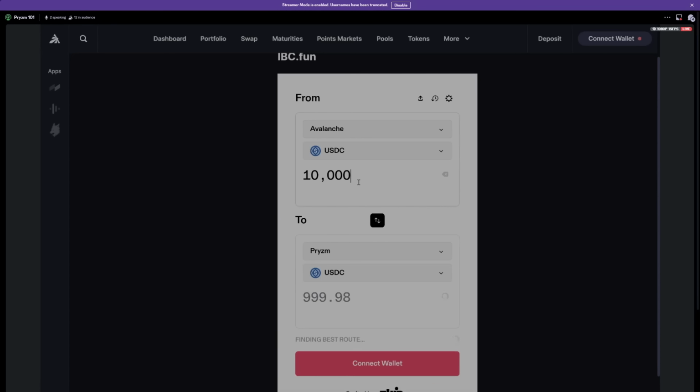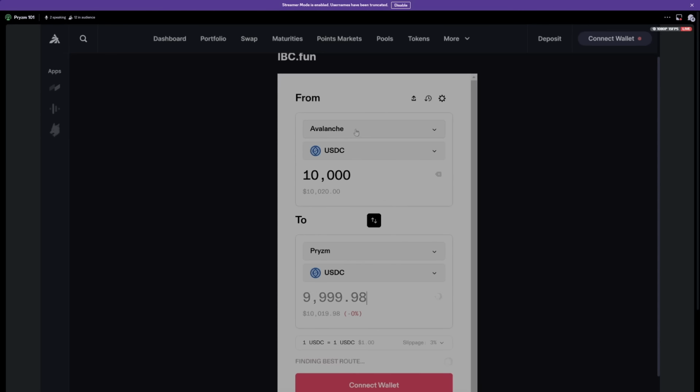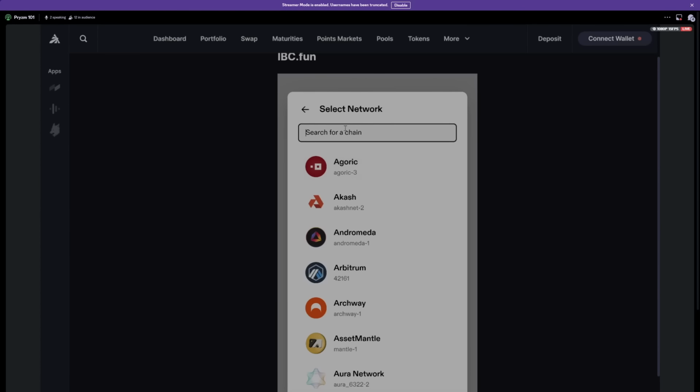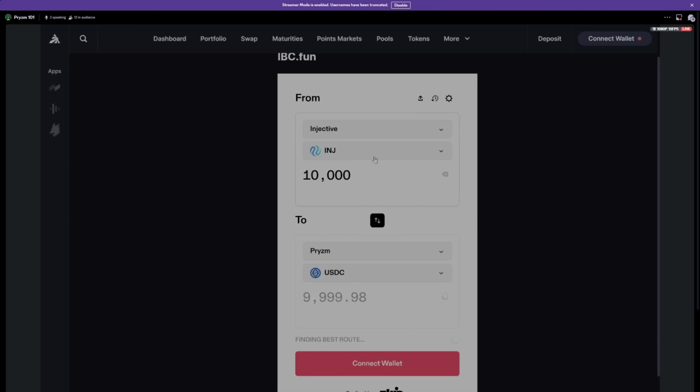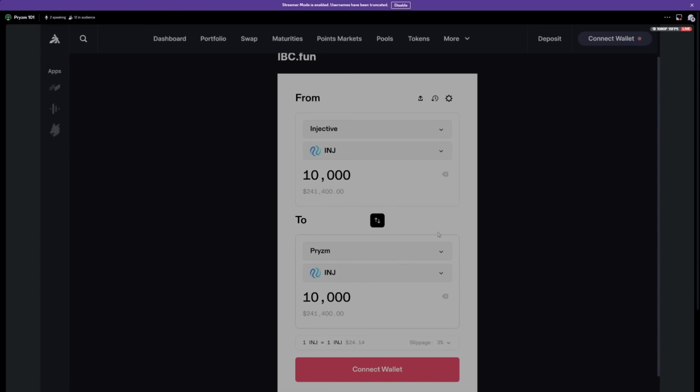So you can transfer over, you know, 10,000 USDC, for example, and it's only going to cost you 2 cents to do it. So for USDC, this thing is amazing. And for all other tokens like Injective, for example, or other connected tokens, it is a great way of transferring tokens over here using our deposit.